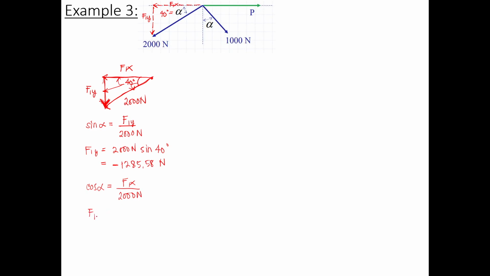So the horizontal component is equal to 2000 newtons times cosine 40 degrees. Since your F1x is going to the left, it will be negative, negative 1532.09 newtons.